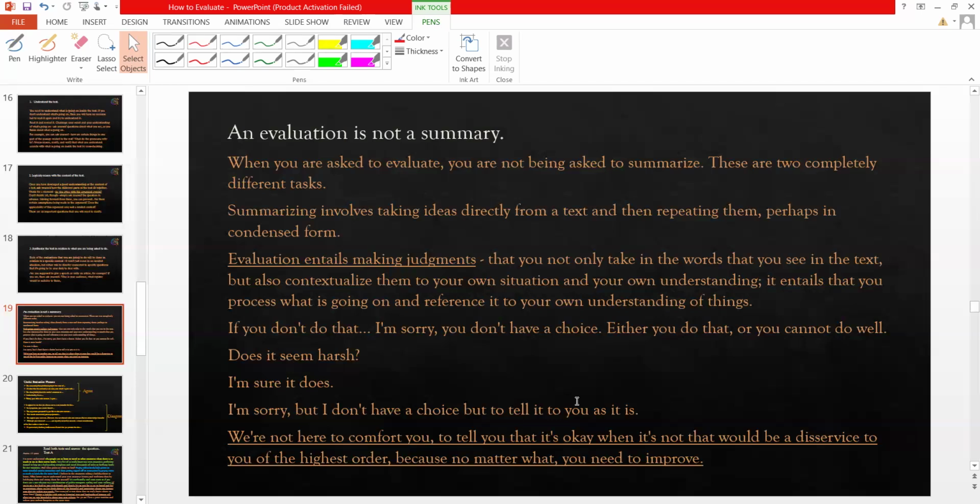You must learn. If anyone says that it's okay, you can just summarize it, no, you must know how to evaluate, otherwise your marks will be deducted, you will be short of marks. So don't do this. Just take it a bit seriously.